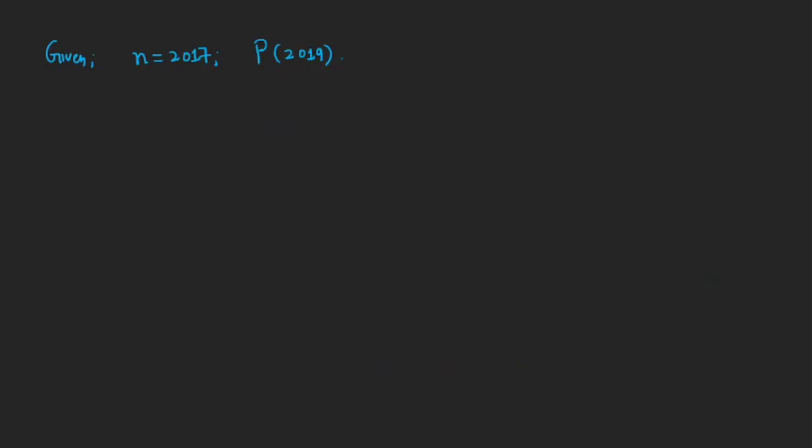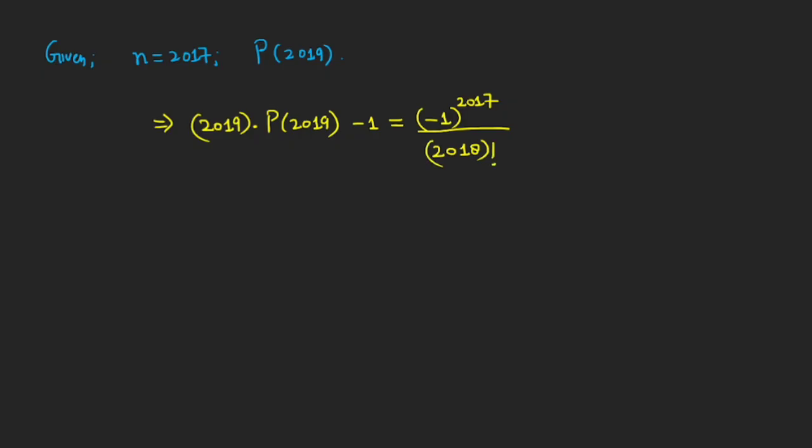So if we do it, what do we get? In LHS we get 2019 into p of 2019 minus 1, which is what we actually need, is equal to minus 1 raised to the power 2017 over 2018 factorial, and then 2019 minus 1 into 2019 minus 2 and so on till 2019 minus 2018.